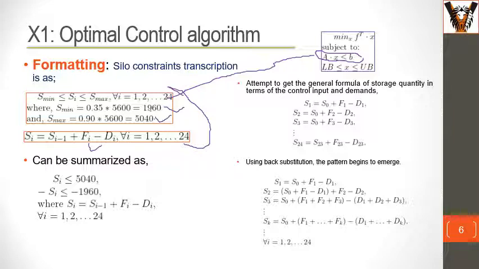And now we can see that if you look at this first equation, it means we can break this into two inequalities: S_i has to be less than the maximum, and it also has to be greater than the minimum.